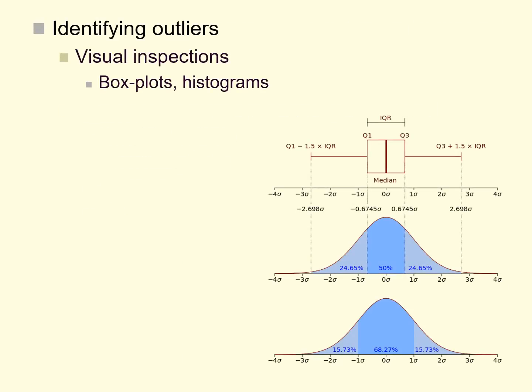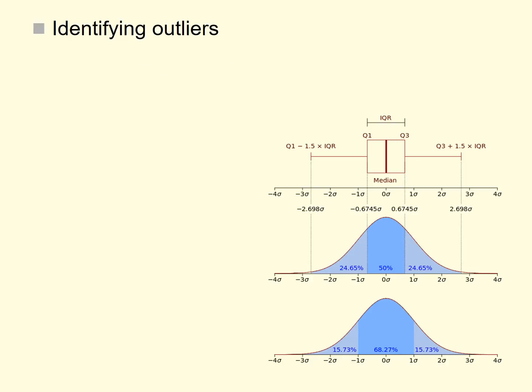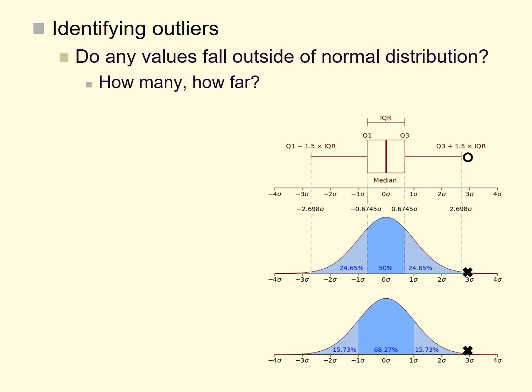Well, one thing we can do is create visual representations of our data and try to just inspect them for outlying values. So we could make things like box plots or histograms of data, and if we assume that we're sampling from a population that's normally distributed, we can go look for values that fall outside of a range that we'd expect in that population.